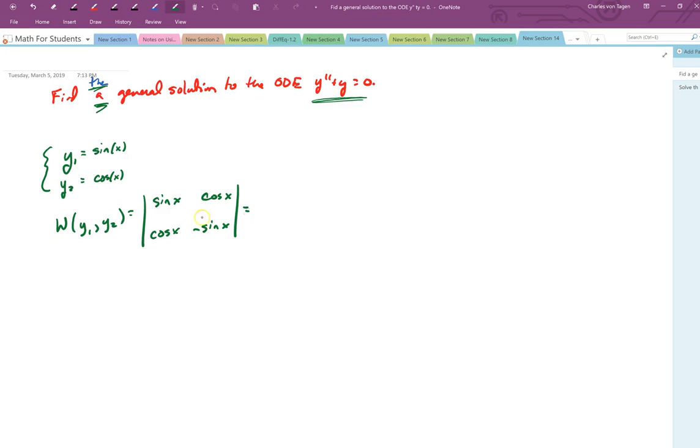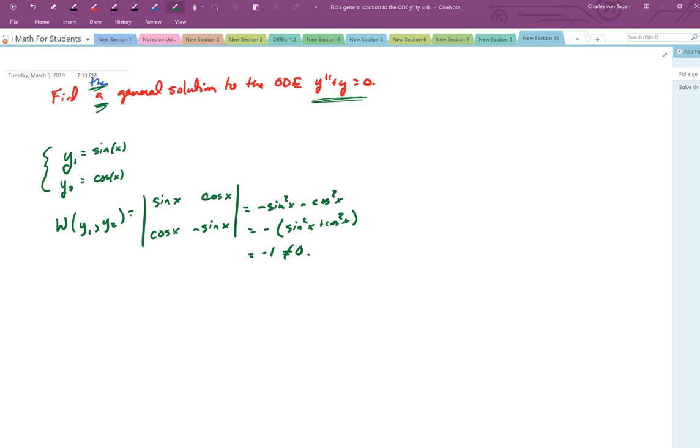And if we take the determinant of this, this is kind of fun, we get minus sine squared x minus cosine squared x, which just for the heck of it we could say is minus (sine squared x plus cosine squared x), which is minus 1, which is certainly not 0. So that says that these two functions are linearly independent.